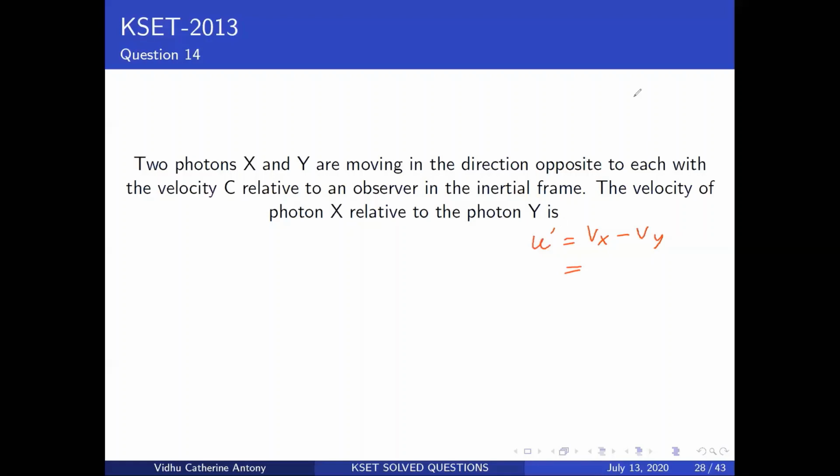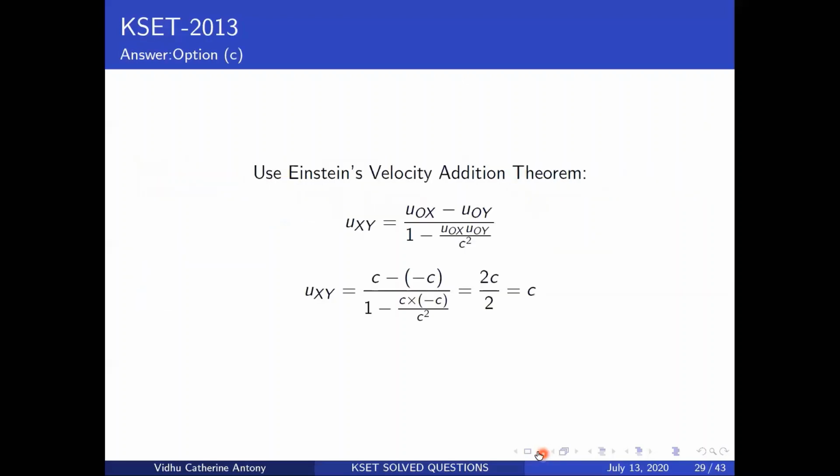Because they're moving in opposite directions, I get c minus of minus c, which is 2c. And this is completely bogus, right? You can't have any particle greater than the speed of light. So let's look at all the options and let's go on to do it relativistically.